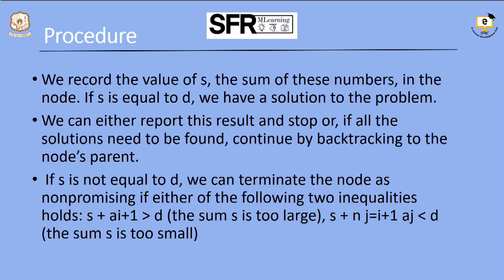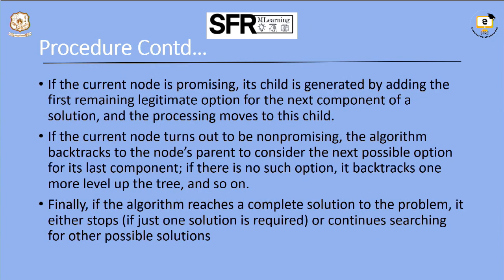So we will backtrack. For a promising node, the next child is going to be generated, and you add it on the left. If it is a non-promising node, we should backtrack.